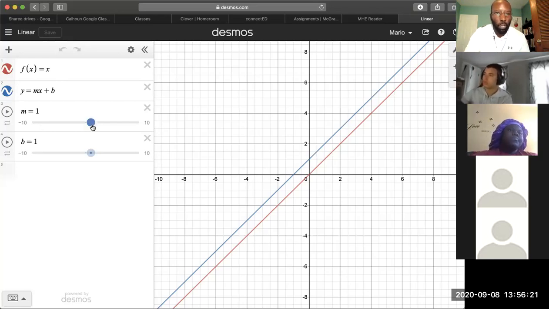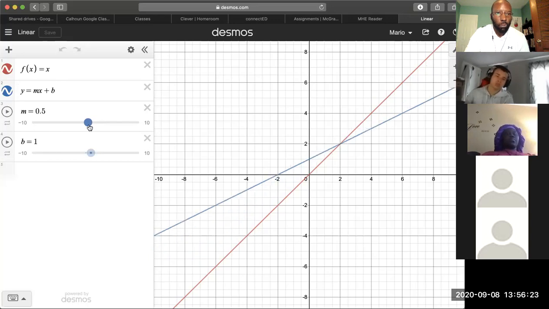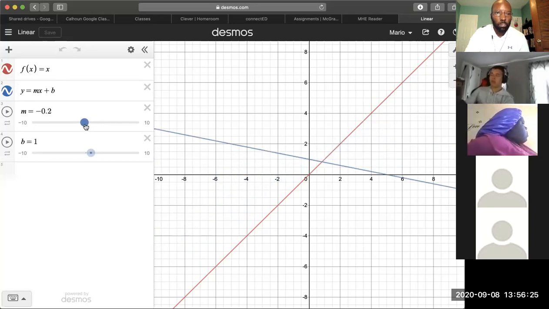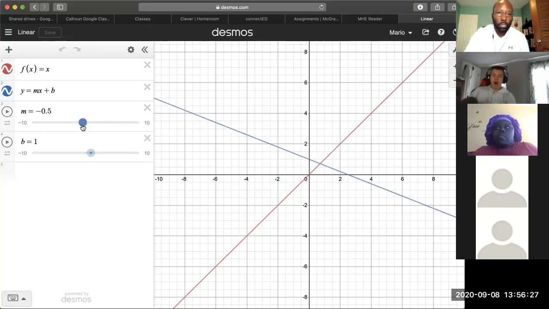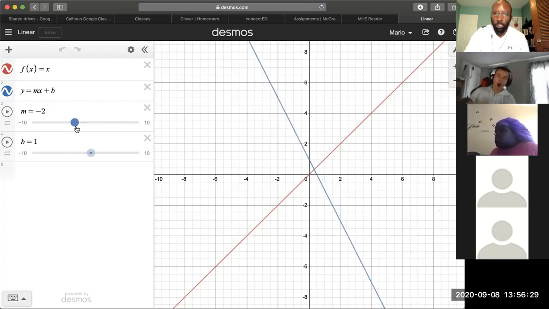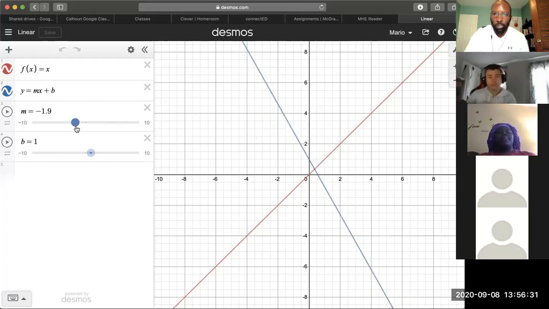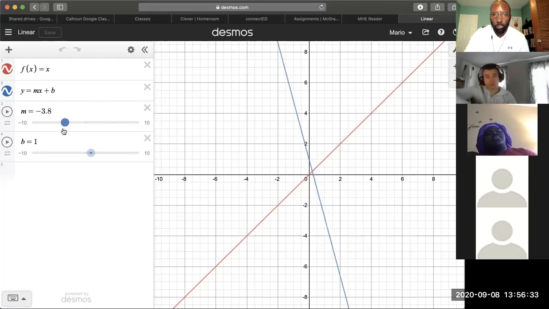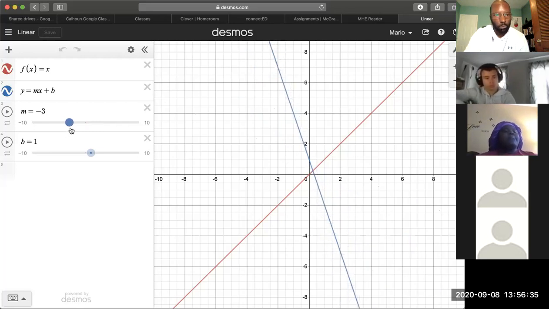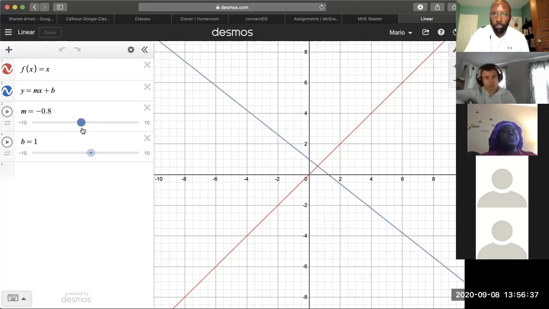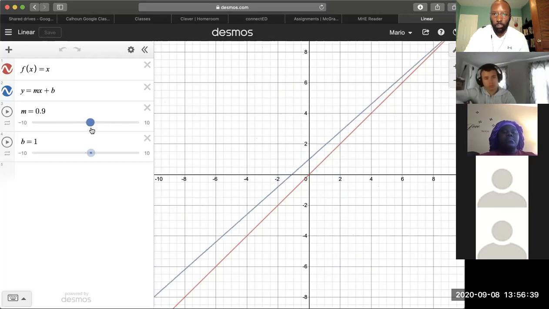So for this blue line, as my slope gets more negative, it rotates in a clockwise direction. And as it gets larger and positive, it goes in a counterclockwise direction.